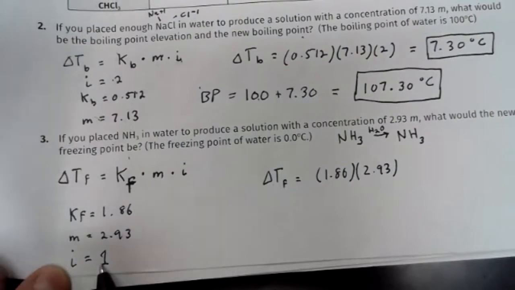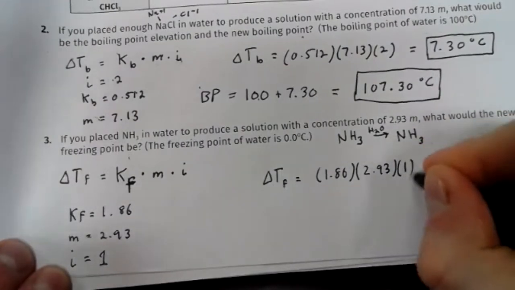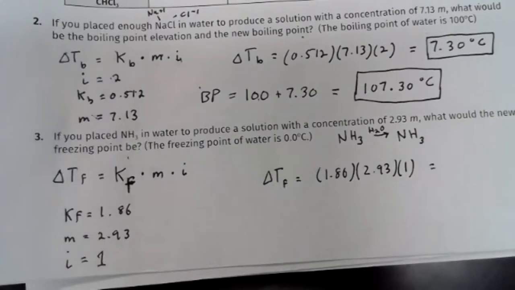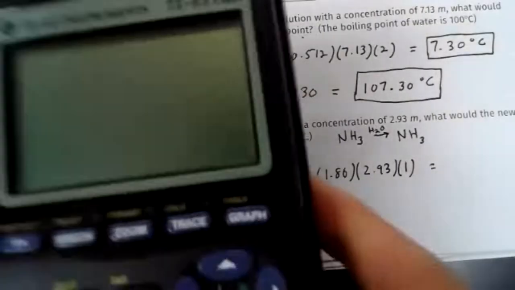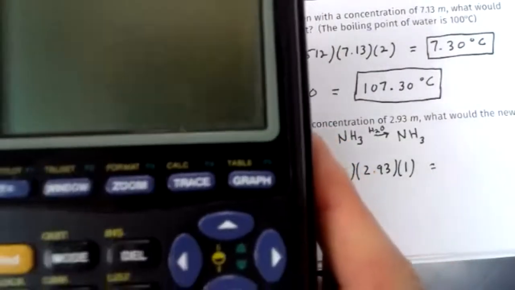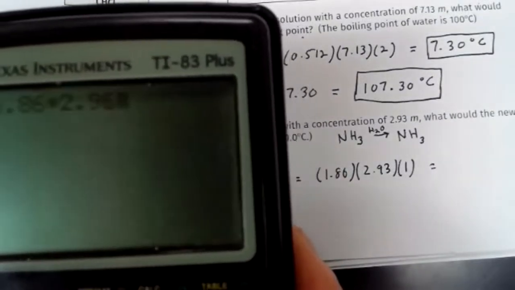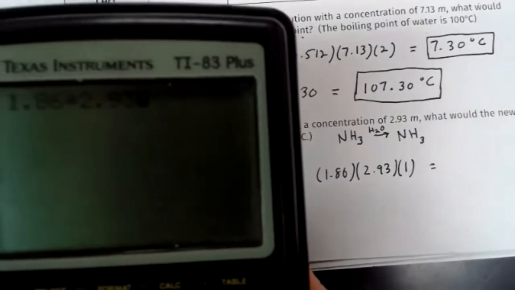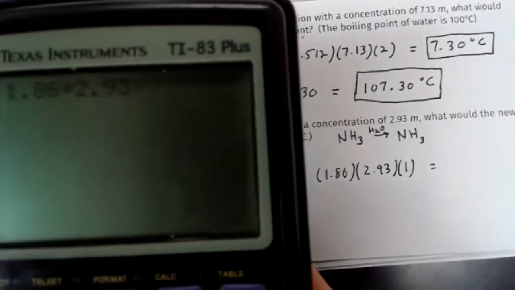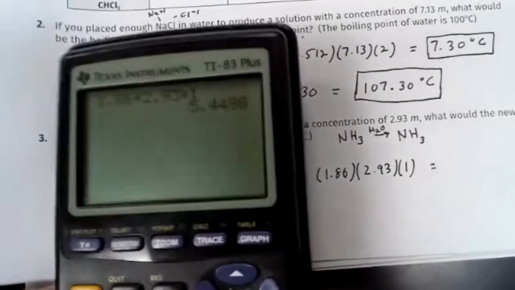And then we're going to multiply that by 1, our i value. So we'll punch this in, 1.86 times 2.93, and then we're going to multiply that by 1.